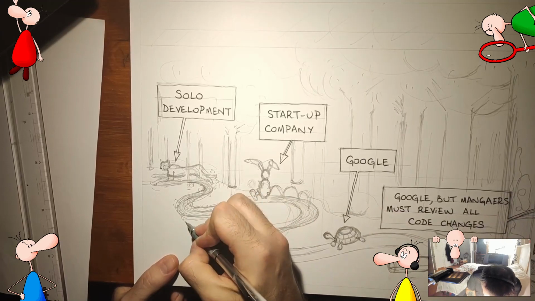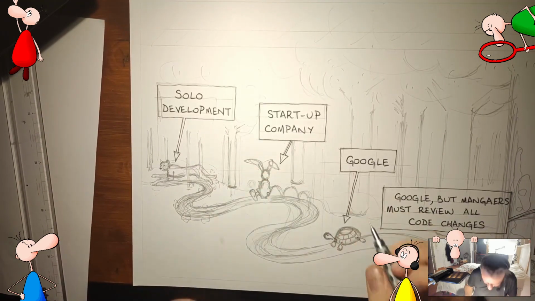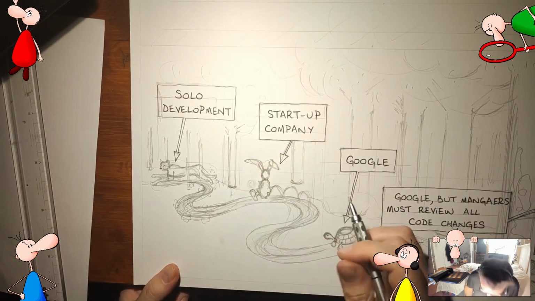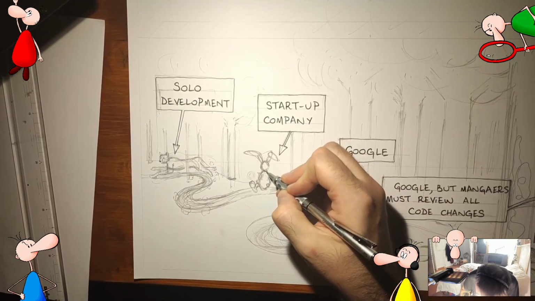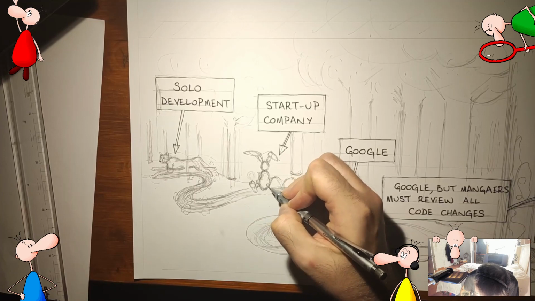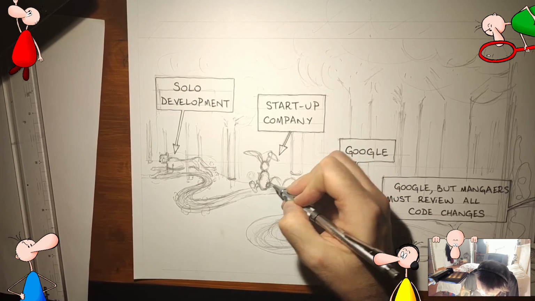Tiny clouds to show that there's a bit of dust on its path. Okay, I'm also not super happy about my rabbit. Maybe the tail should be a bit more fluffy.